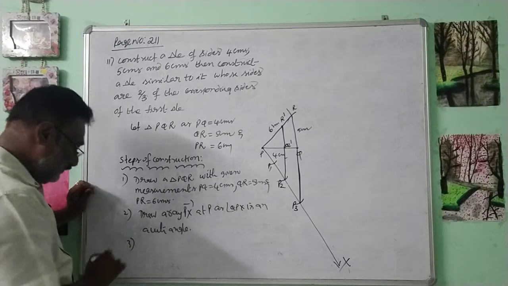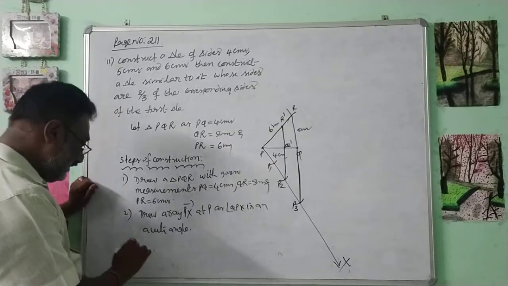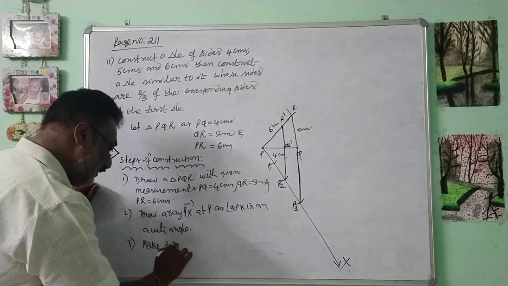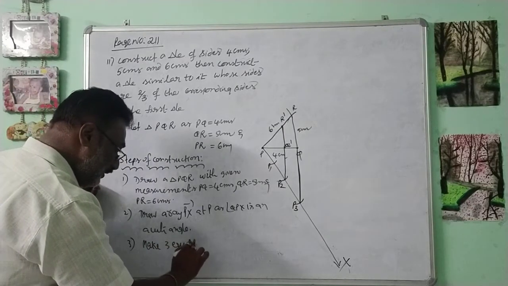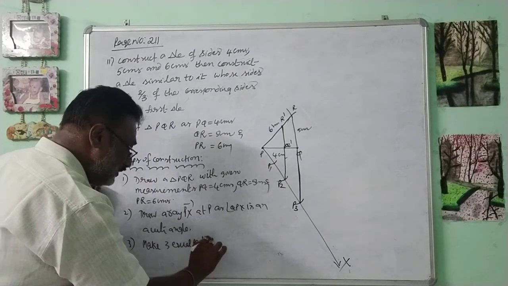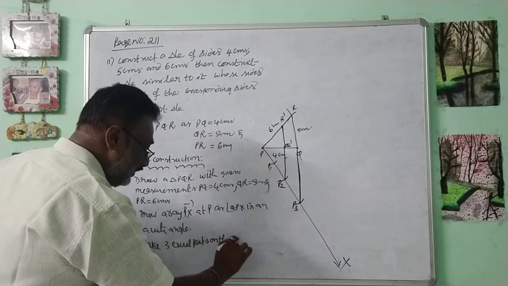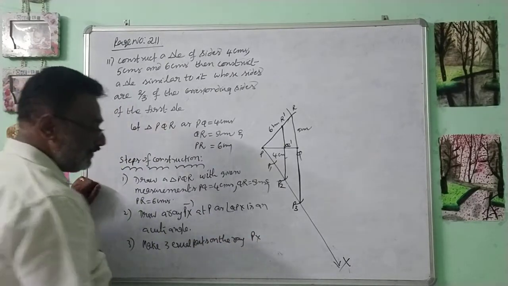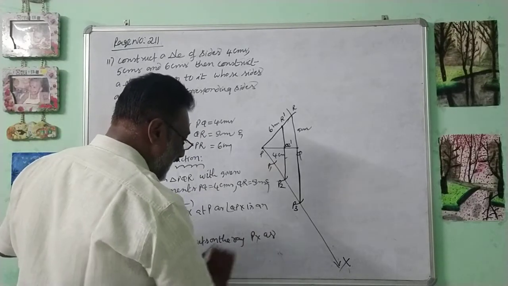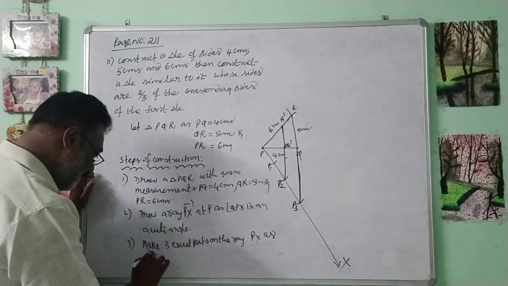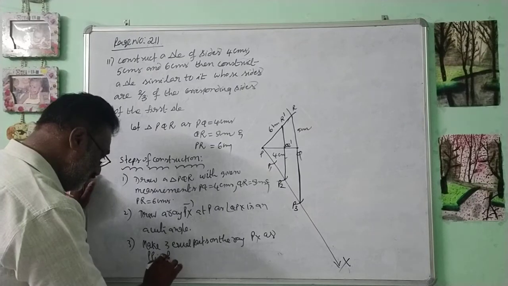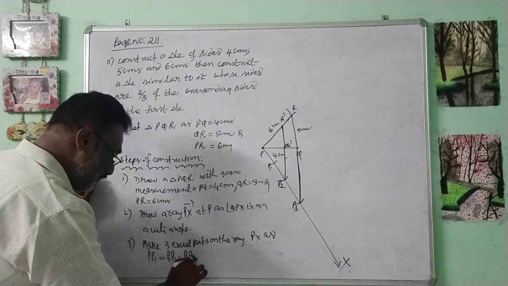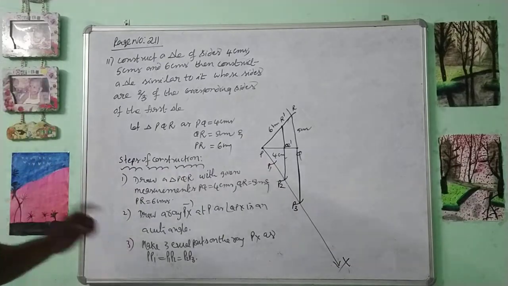Next, third one, make 3 equal parts on the ray PX as PP1 is equal to P1P2 is equal to P2P3.